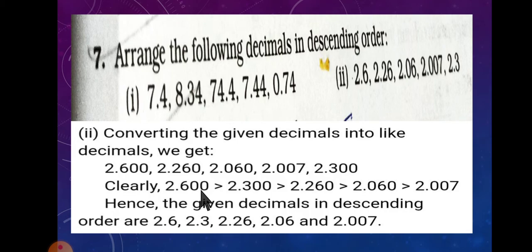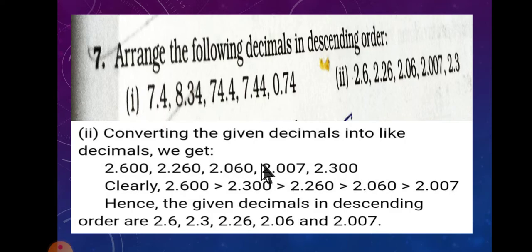So first we will write 2.600. Then the second largest tens place digit is 3, so 2.300 is the second largest number; we will write it in second place. Then the tens place digit 2, so in third place we will write 2.260.